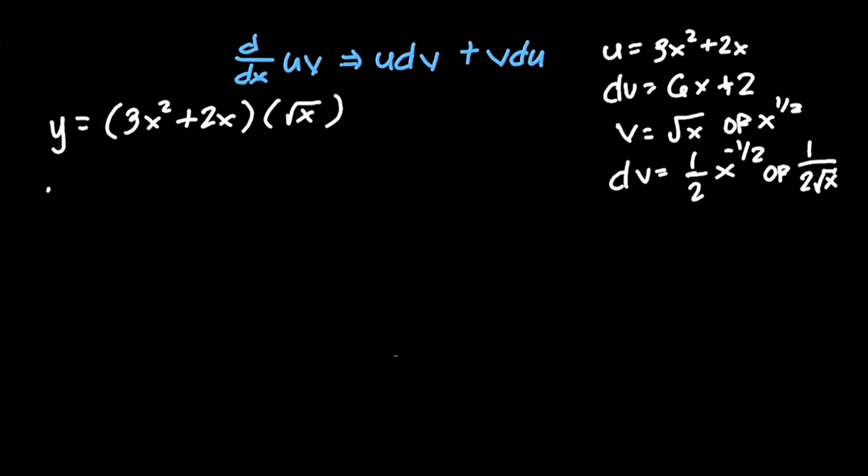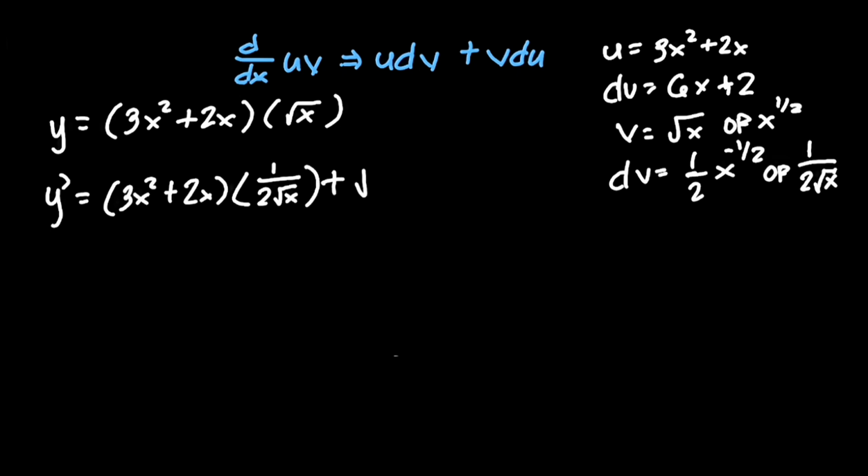Y prime now here would be 3x squared plus 2x multiplied by 1 over 2 square root of x plus square root of x multiplied by 6x plus 2.